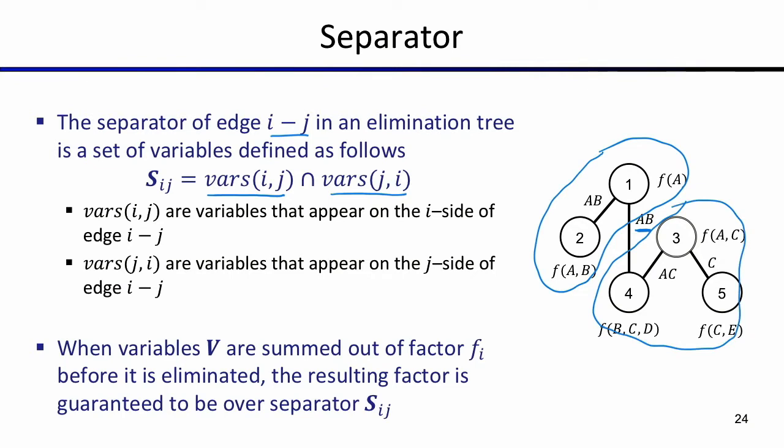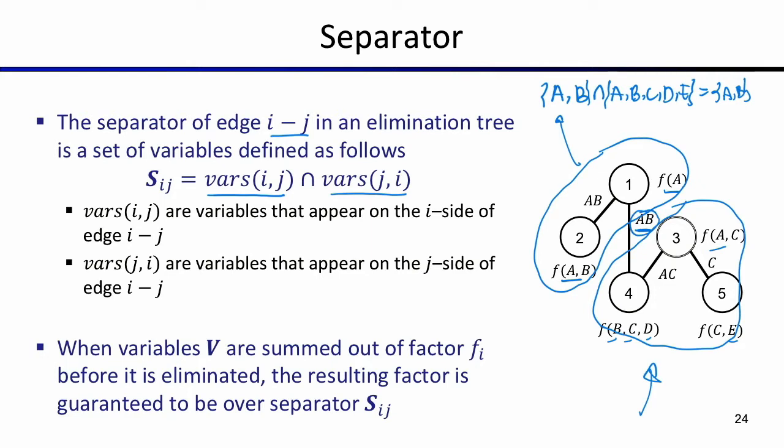If we look at this side, we have variables a and b, and variable a here. So it's going to be a and b, intersected with whatever occurs here, and we have variables a, b, c, d, and e. So it's the intersection between these two sets, and the intersection is the set ab. Exactly what is written here.